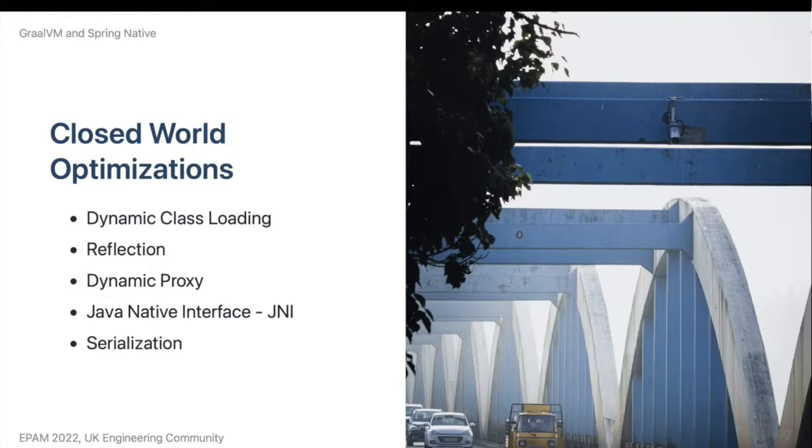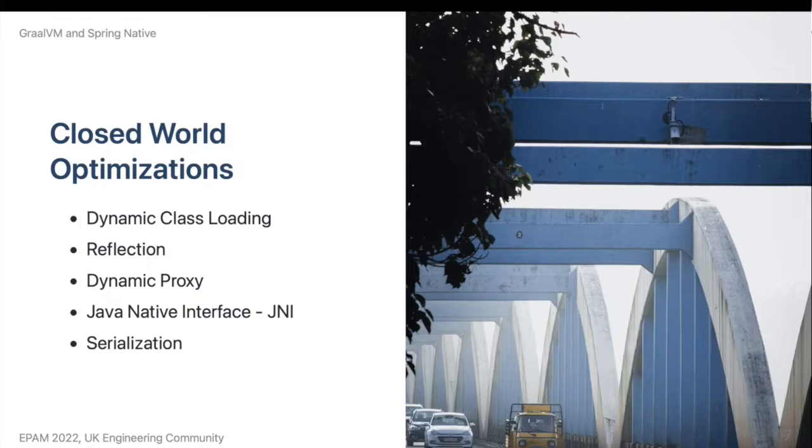we also have another situation. We know that Java is quite a dynamic language, at least up to some extent. We have things like dynamic class loading, reflection, dynamic proxy, JNI, serialization, deserialization, and unfortunately, in order to perform all these operations, like dynamic class loading or even reflection, we need to provide GraalVM with additional information.